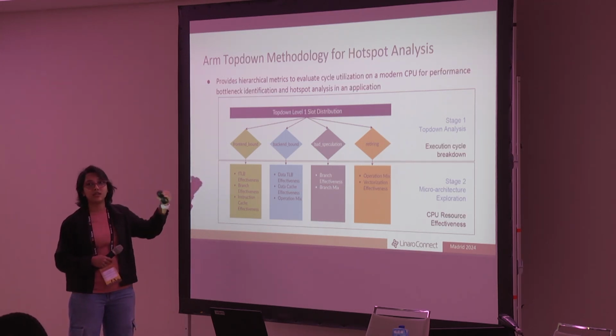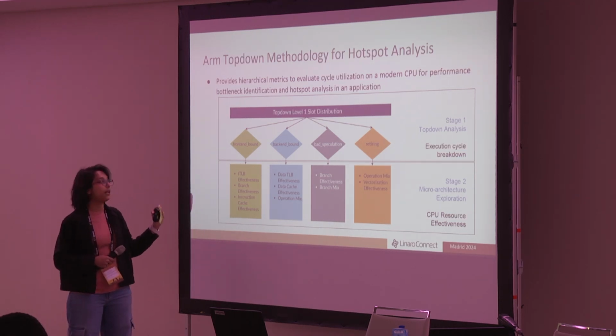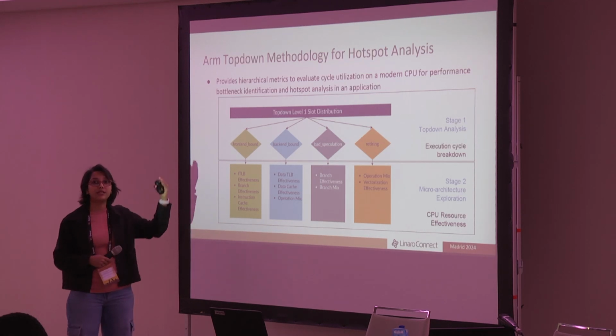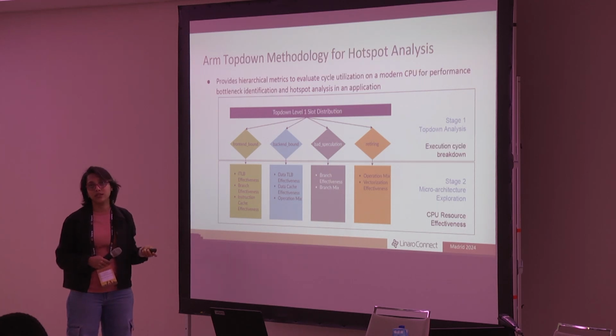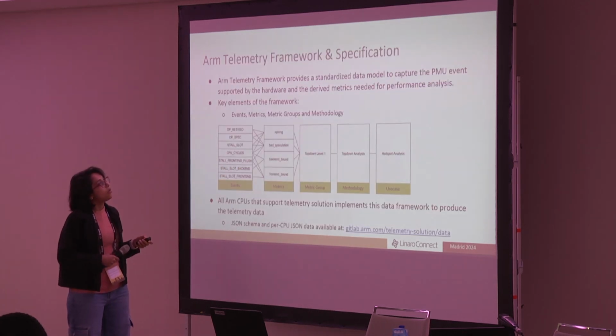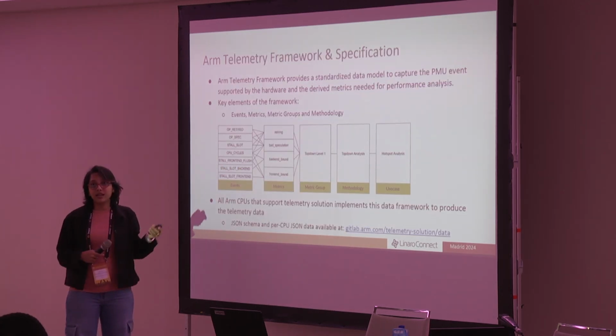Those metrics and events will help you go further into understanding what is going on there. But it could be a back-end problem, then you are looking at a different part. This is a methodology that helps you go through the process of understanding where the bottleneck is. So that's the background.